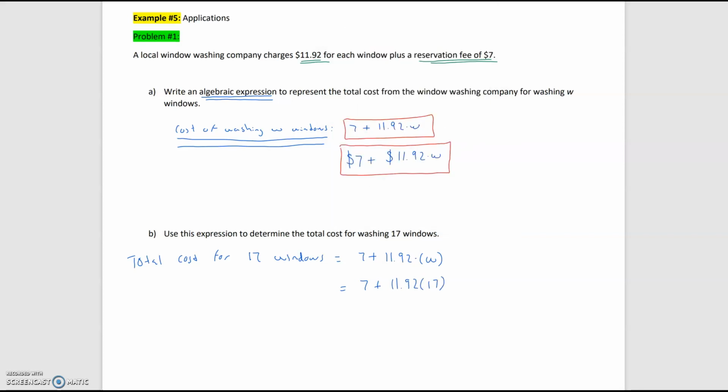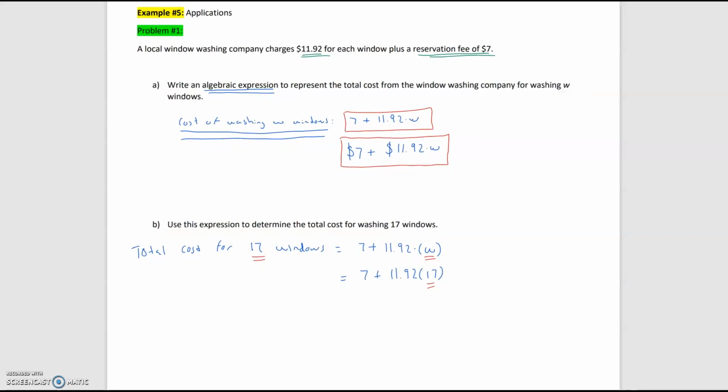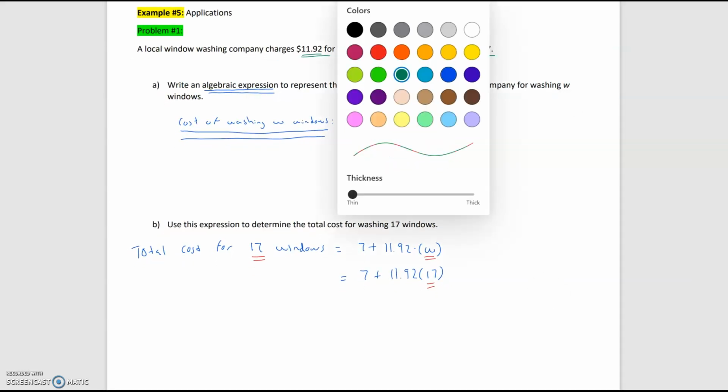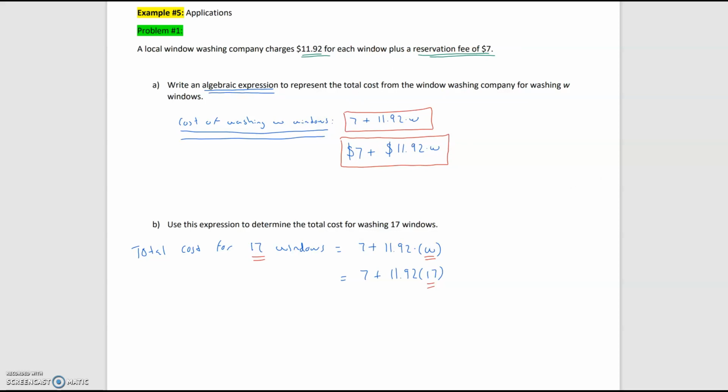Keep in mind that they're specifically stating 17 windows, so the value of W is substituted with 17. Let me carry on the multiplication: 11.92 times 17.